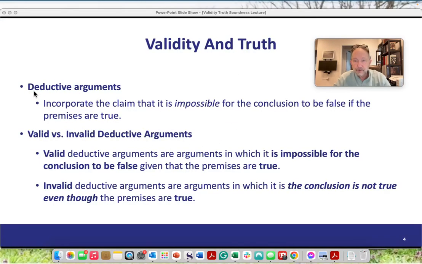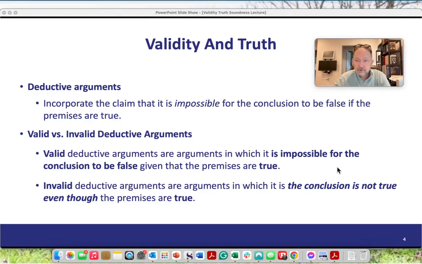So validity and truth apply to deductive arguments. As we talked about before, in a valid deductive argument, the conclusion must be true if the premises are true, or premise if there's just one. So a valid deductive argument is a deductive argument that behaves just like it's supposed to.